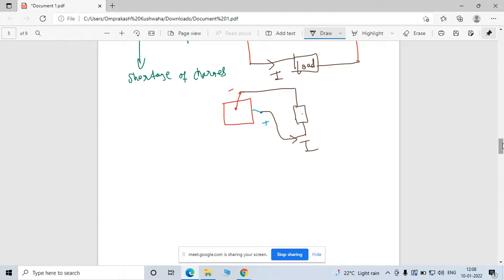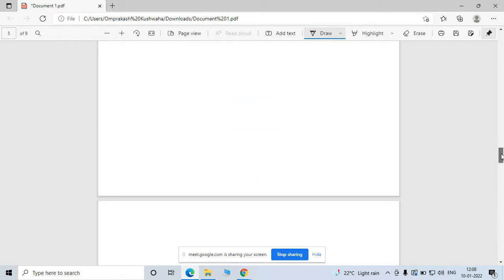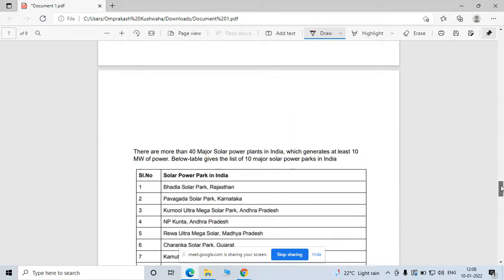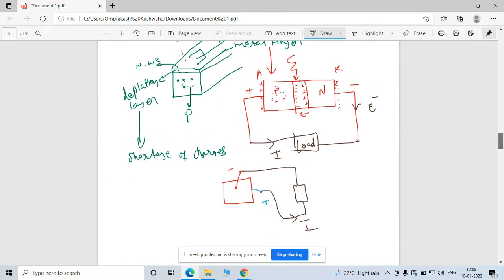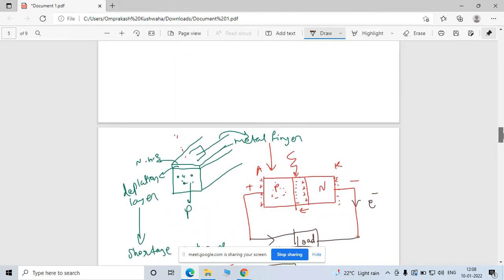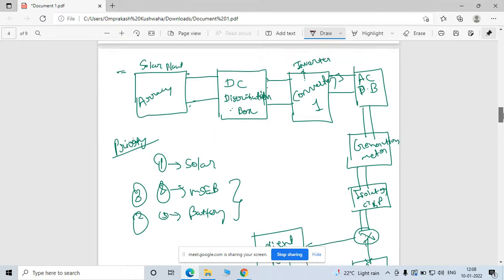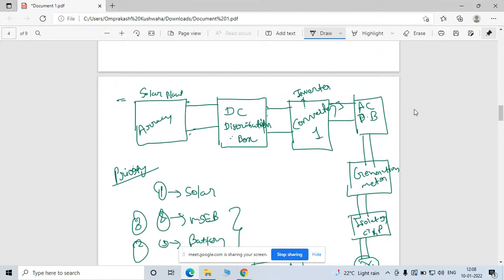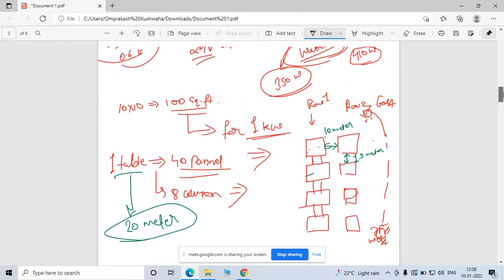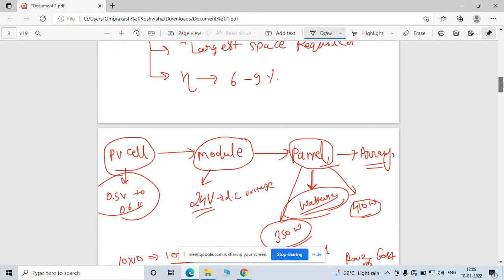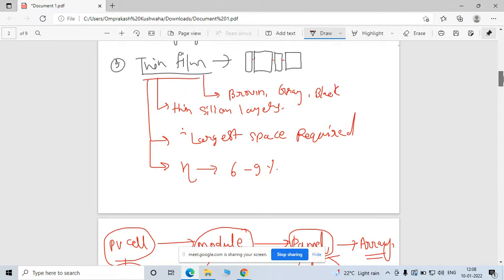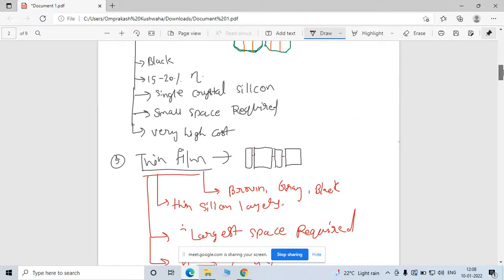So this is the structure and basic working principle of PV cells, and the single line diagram of the solar power station. This shows the different types of modules and some basic information.